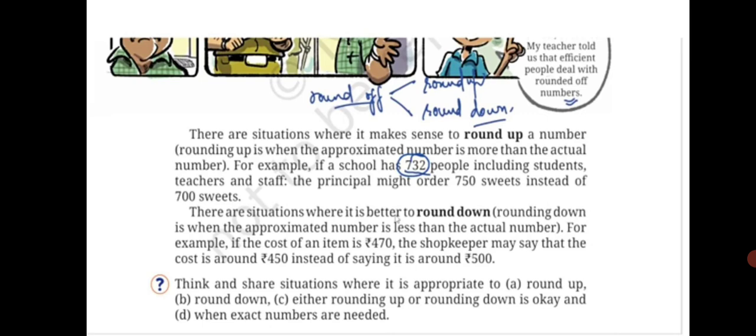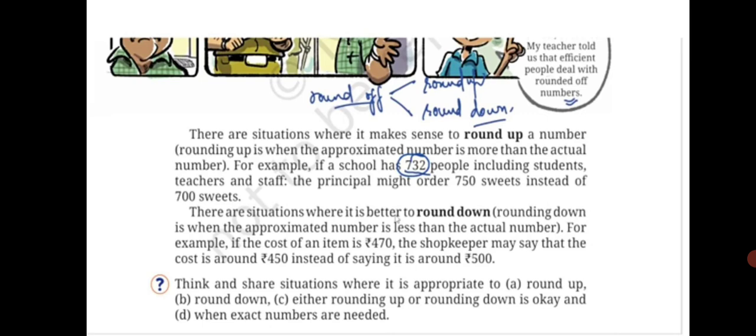Now another situation: there are situations where it is better to round down. Rounding down is when the approximated number is less than the actual number. So rounding up means the approximate number is always more than the actual number, and rounding down means the approximated number is always less than the actual number.